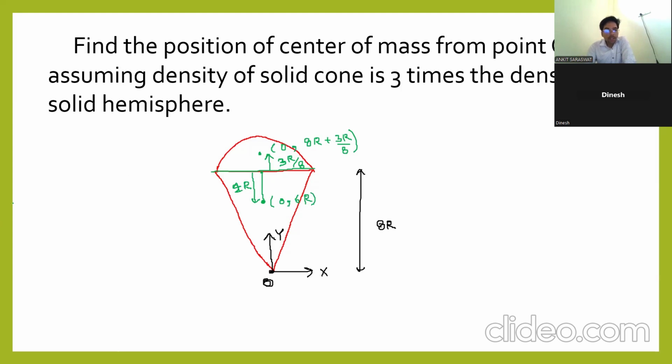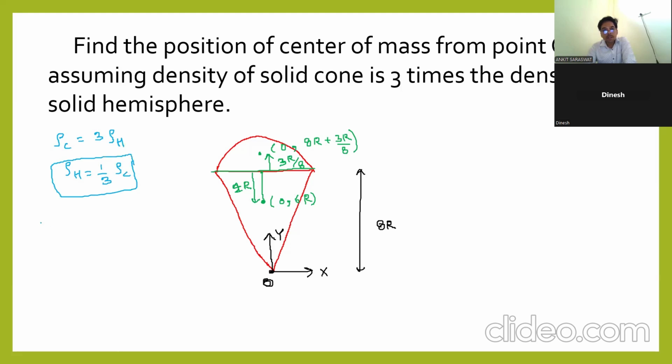And they have mentioned the density of the solid cone. The density of cone is 3 times the density of hemisphere. The density of hemisphere is 1/3 the density of solid cone.